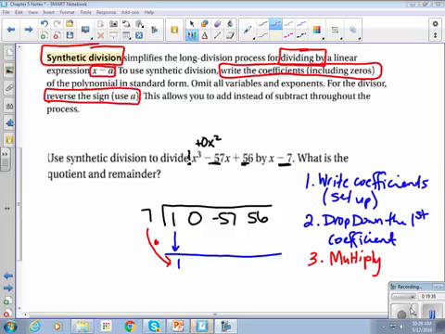Seven times 1 is 7. Then we're going to add: 0 plus 7 is 7. And then repeat.